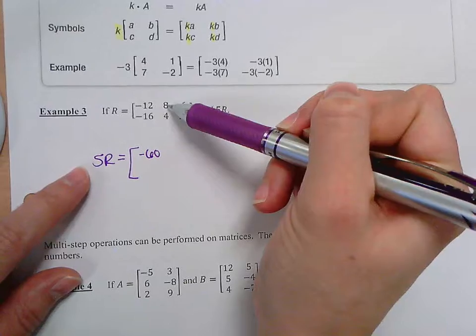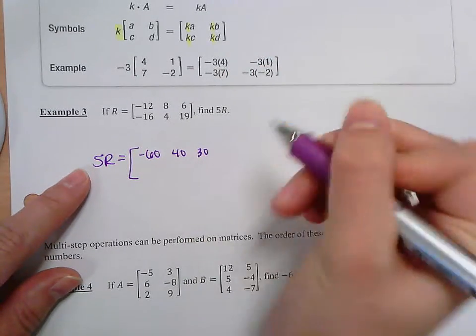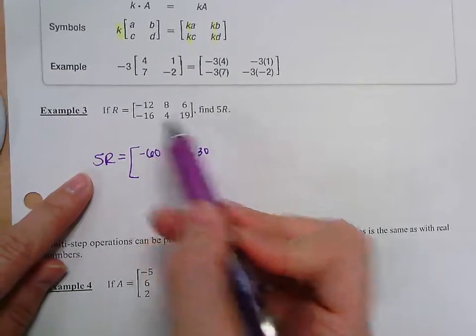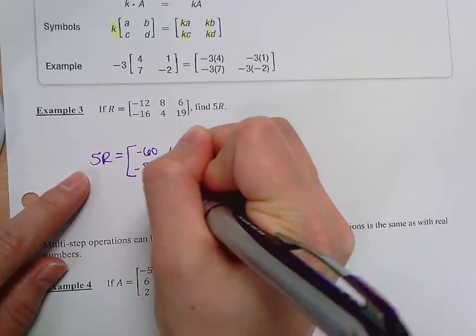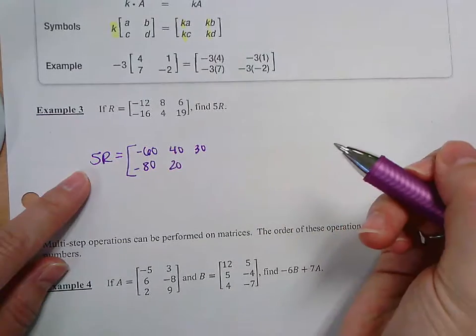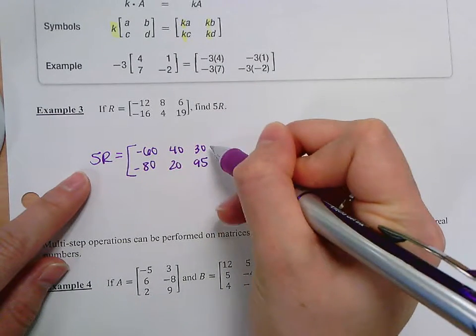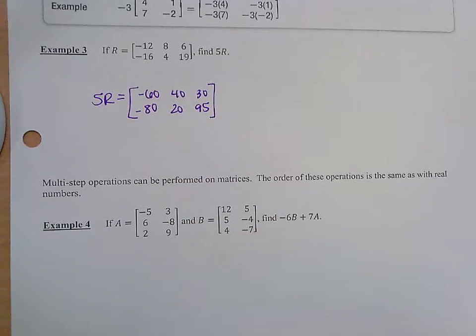I'll go across the rows. 8 times 5 is 40. 6 times 5 is 30. And then row 2, -16 times 5 is -80. 5 times 4 is 20, and 5 times 19 is 95. That's all you need to do there.